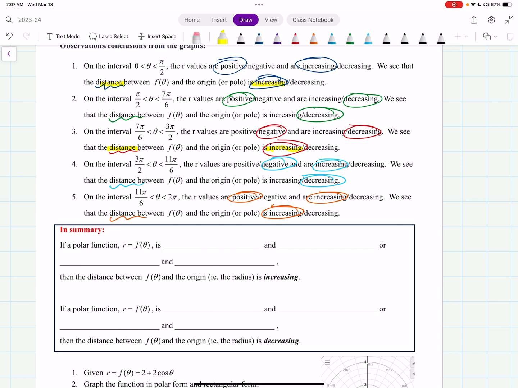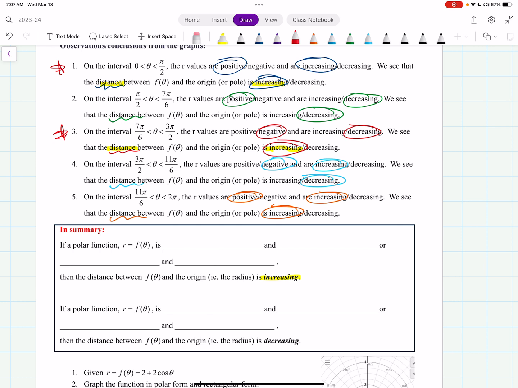We have two possibilities. If you're positive and increasing, the distance is increasing, or if you're negative and decreasing, the distance is increasing. So basically, the signs have to match.